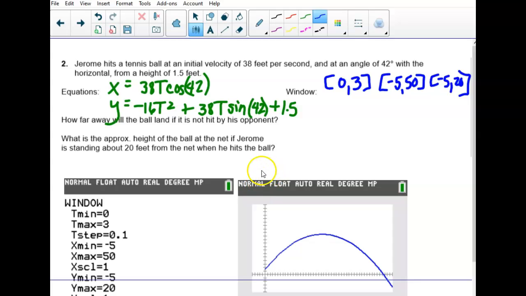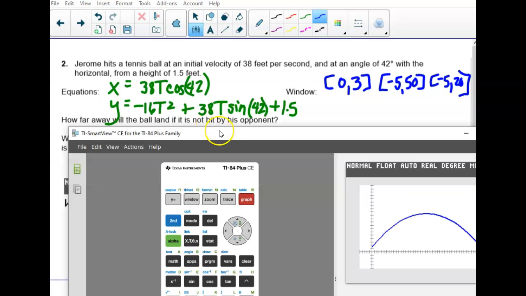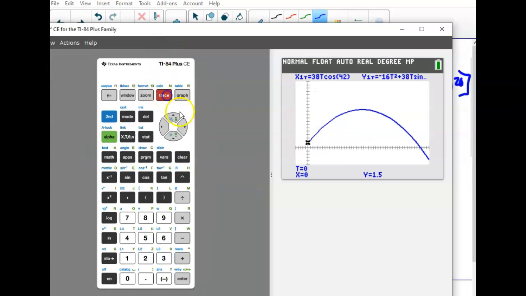All right, so for number 2, I took the time to put the equation down, put it in my calculator, find a window. Then it said, how far away will the ball land if it's not hit? So I want to trace out till it hits the ground. It's between 1.6 and 1.7.